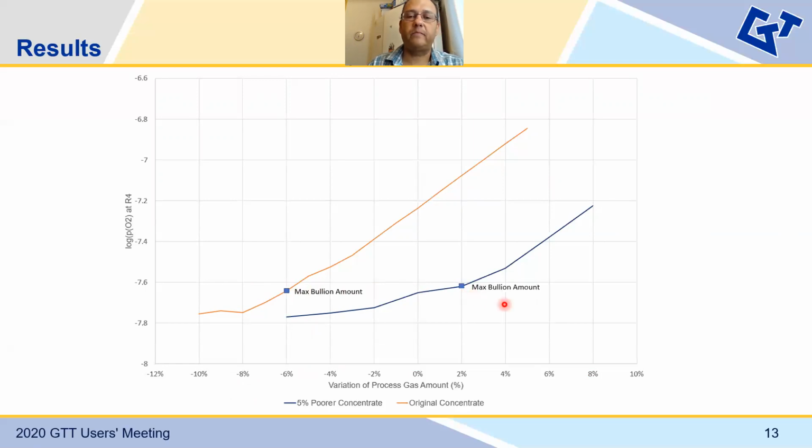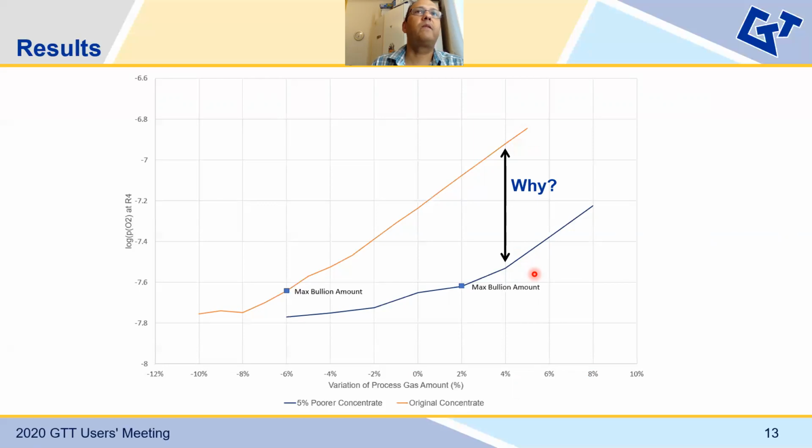But you also see, for instance, for a situation where you have 4% more process gas, in this situation basically you have no mat phase, that there is a gap between the two curves. And the question is, what's the reason for this gap?